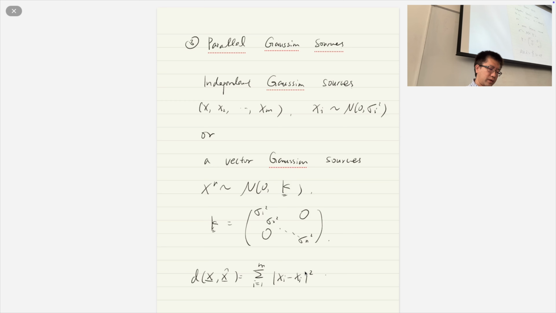We can write that as the norm of this. And you can see that for each source, it's basically a Gaussian source with squared error distortion. So any questions so far? Okay, good. This is pretty straightforward.